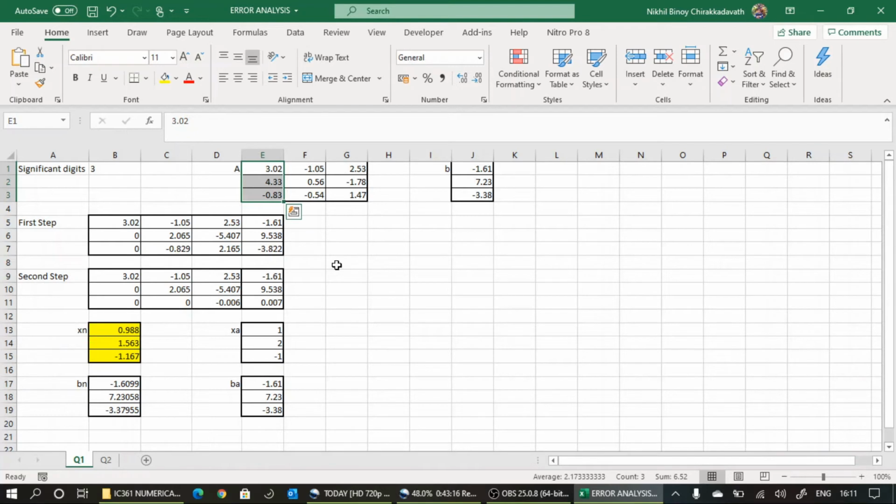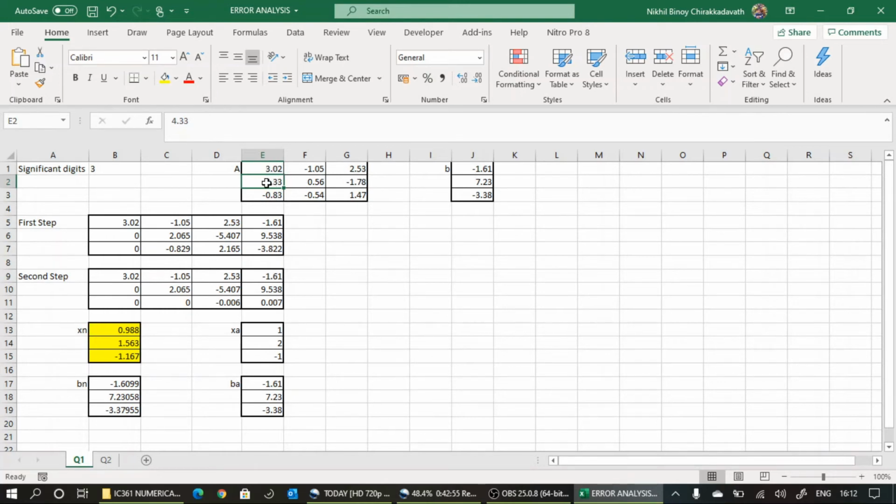These are the elements. First compare the coefficients of x1 and take the largest one. So we are going to swap this equation: take row 2 as the first row, meaning swap these two rows.